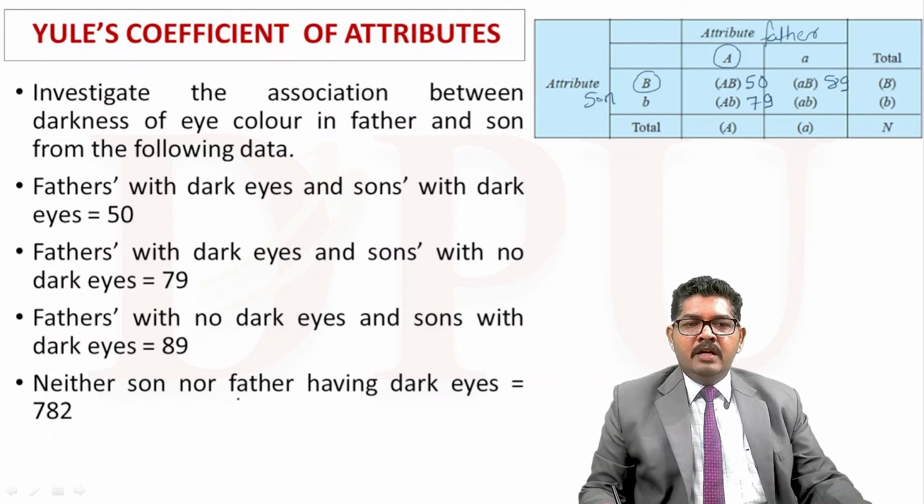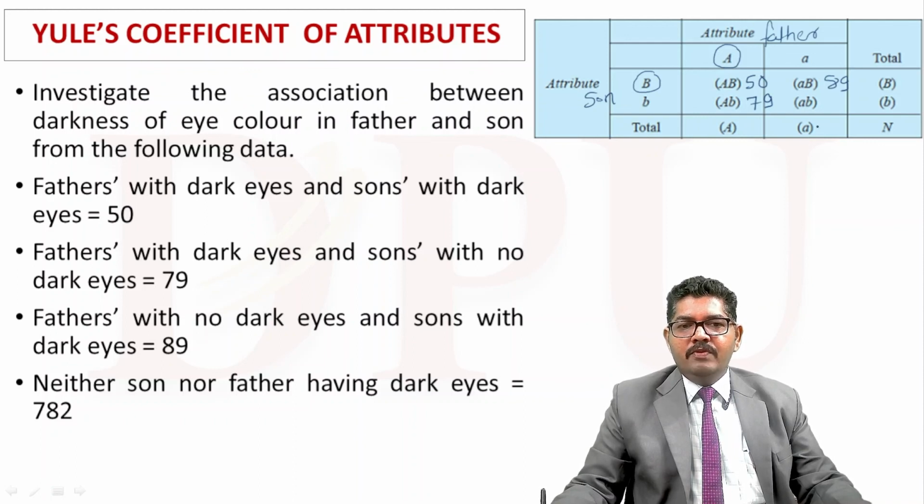And neither son nor father having dark eyes is equal to 782. So this is alpha beta, that is absence of dark eyes in both father as well as son. So we have all the data to calculate Yule's coefficient.